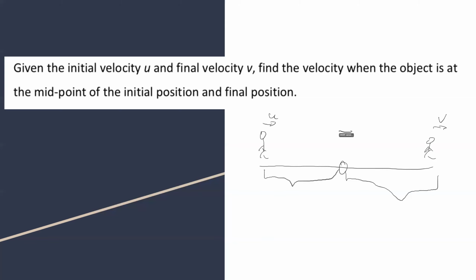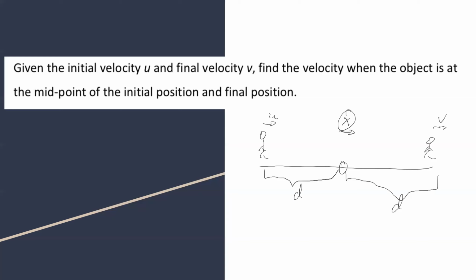So let's say we set this velocity as x. We want to write a Suvat equation that relates the distance and the velocity x. The first thing that comes to mind is that we don't know the time.